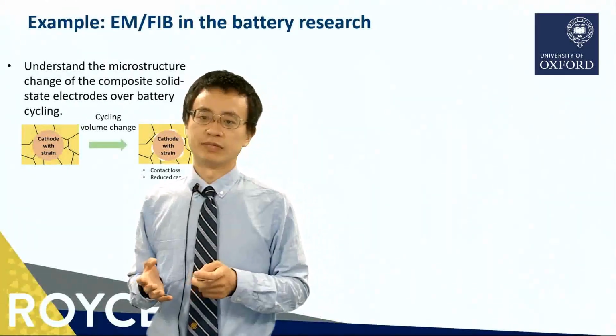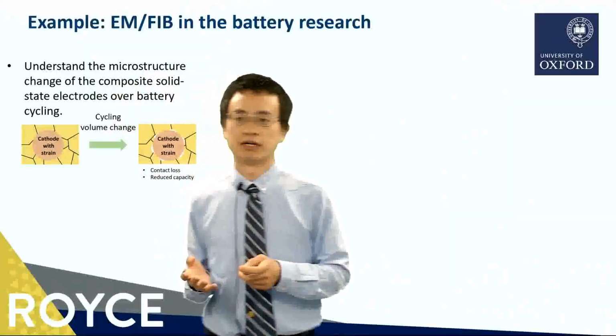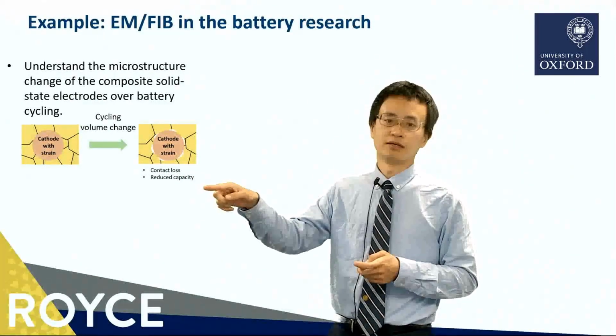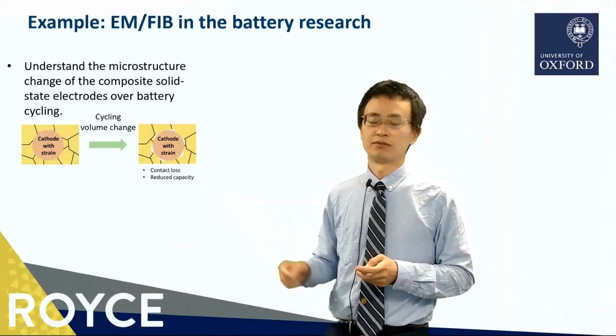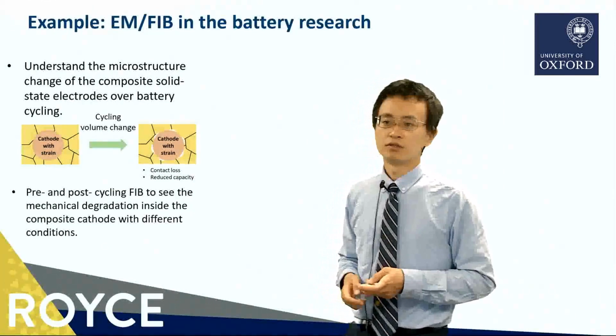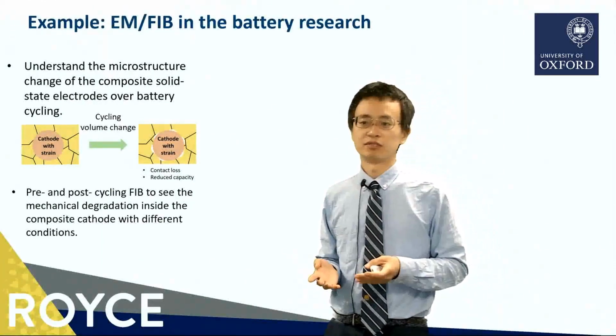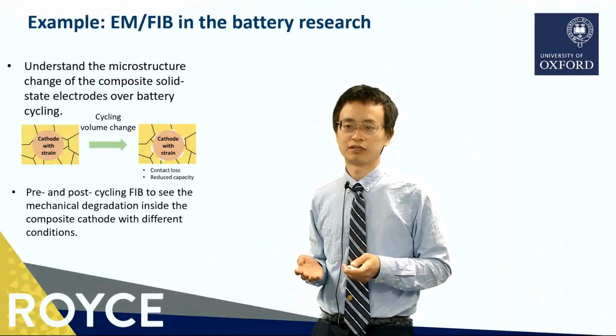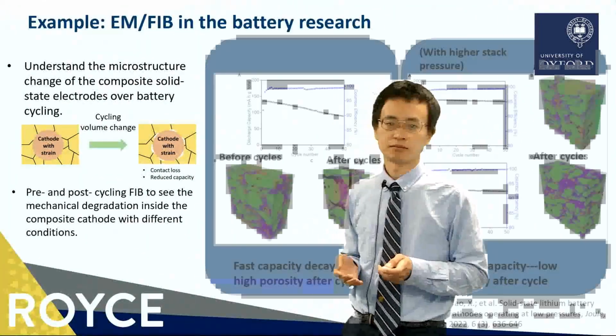And this volume expansion and shrinkage will cause contact loss and also reduce capacity as a result inside the battery. So here we use pre- and post-cycling FIB-SEM to see the mechanical degradation inside the composite cathode with different conditions.